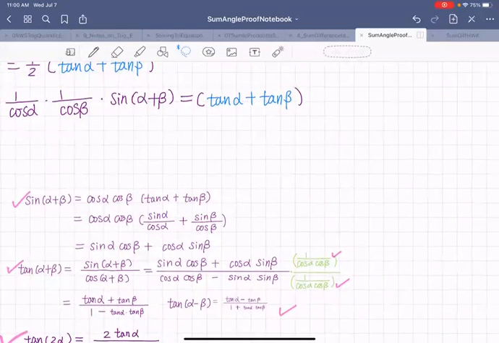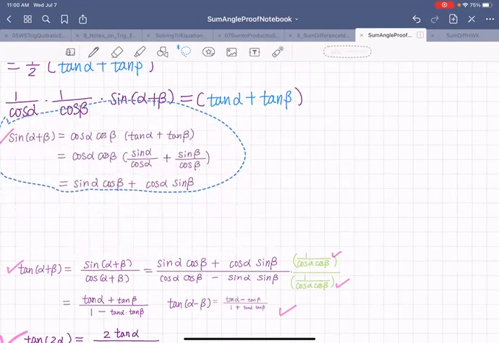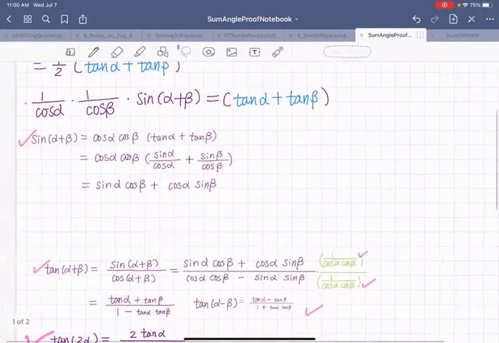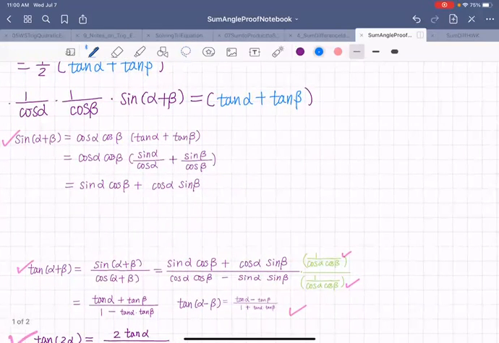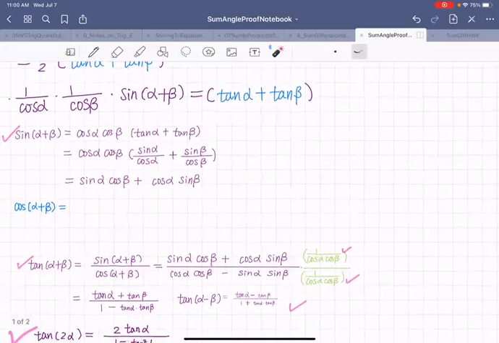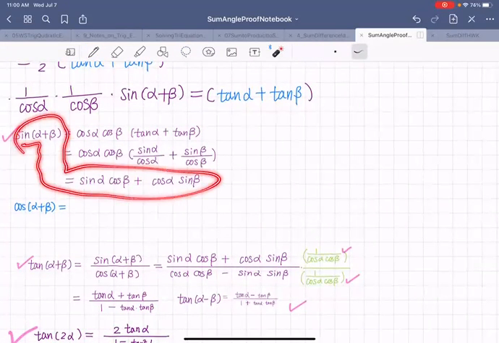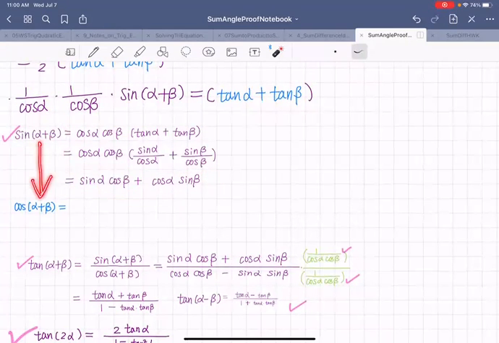Okay, now we know the first formula is true. So based on this, we need to get the cosine alpha plus beta. Cindy, this is true. I want to use this formula to find out the formula for cosine alpha plus beta.